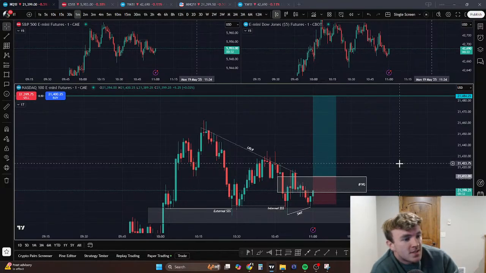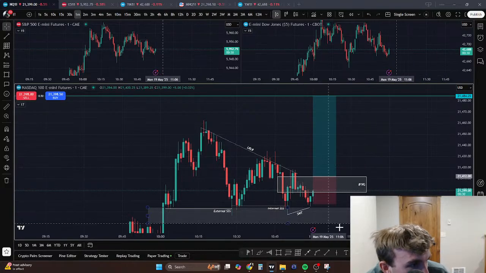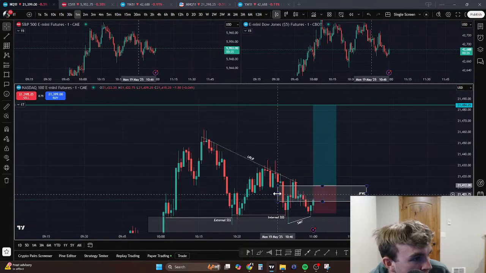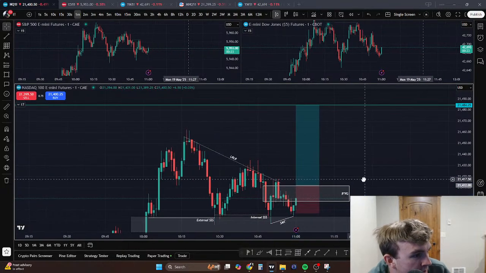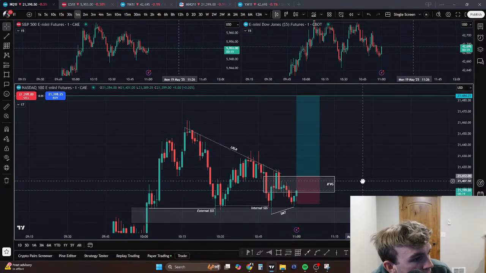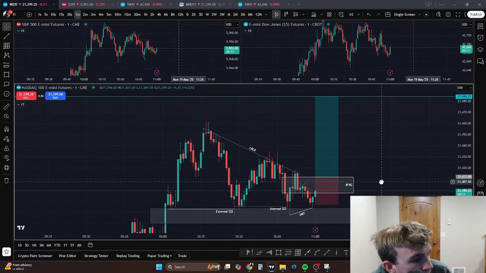I really did want to see us tap that 15-minute for value gap, but I think this is, honestly, if we inverse this is pretty good. We're still in the macro, so.